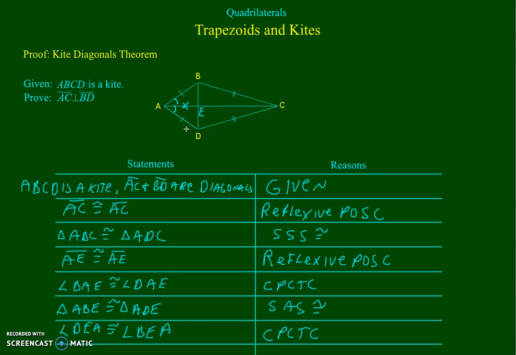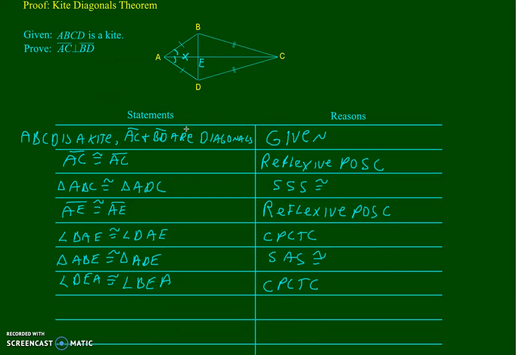Now we're going to need a little space, and we'll say that they are linear pairs. Angle DEA and angle BEA are linear pairs.